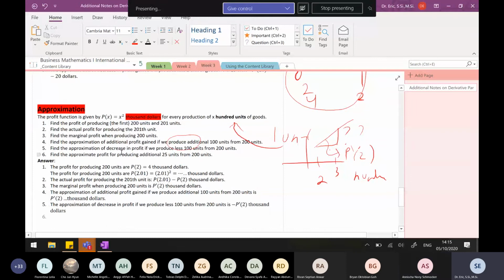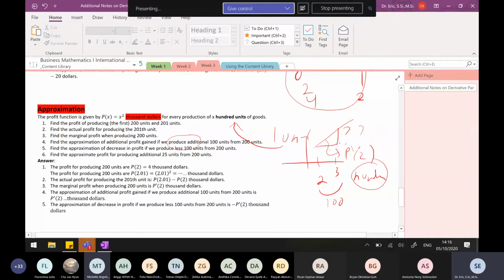Find the approximate profit for producing 25 units from 200. So if I have this is 200, additional 100, it will increase the profit by P prime 2. What if I have 25 rather? Don't forget this is 100 units.